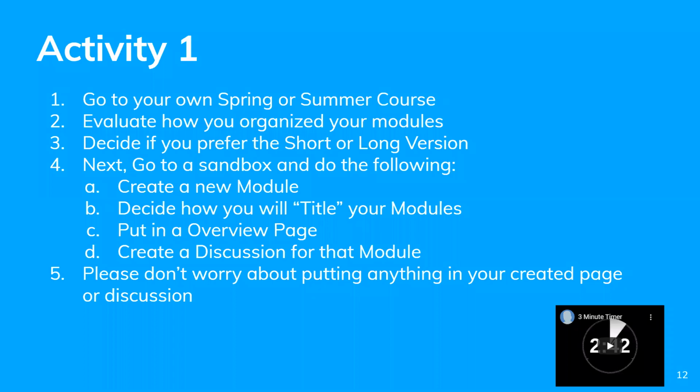And then you don't have to worry about doing anything else to that. That is your first activity. And at the bottom right of this screen, you're going to see a 3-minute timer that will count down. So I'm going to give you 3 minutes to complete this activity. Ready, set, go.